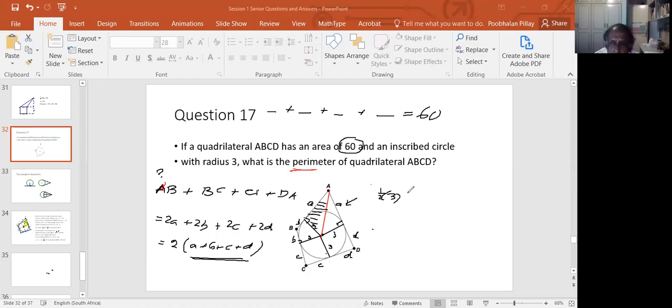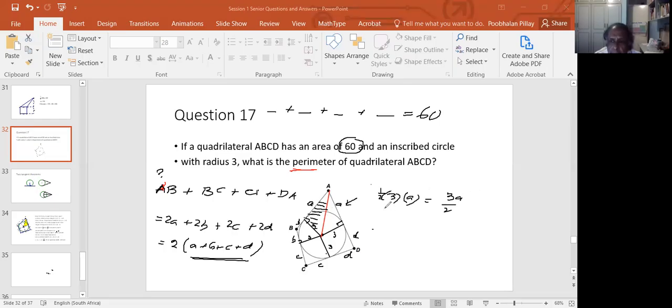It's a right angle triangle. So the area of this piece is 3a over 2, or half of 3a. But this piece here, also the area of this is half of 3a. It's exactly the same triangle. So therefore, you got another half of 3a.